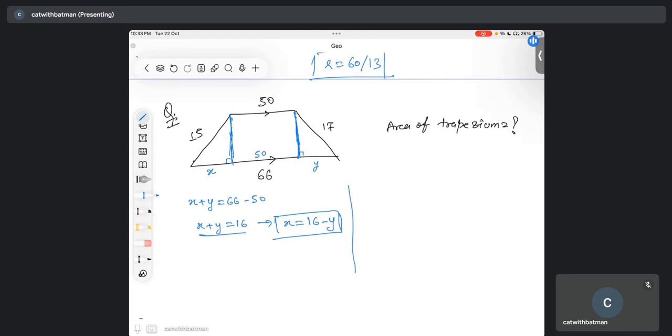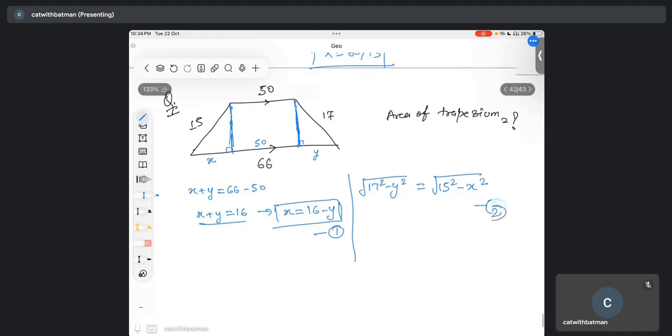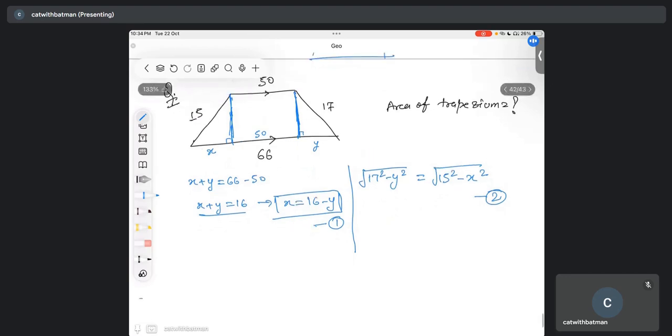On both sides we can apply Pythagoras theorem, and we will get root of 17 square minus y square equals root of 15 square minus x square. So you have equation 1, you have equation 2, x and y are your two variables. So you can find y and x, and with that you can apply on this.